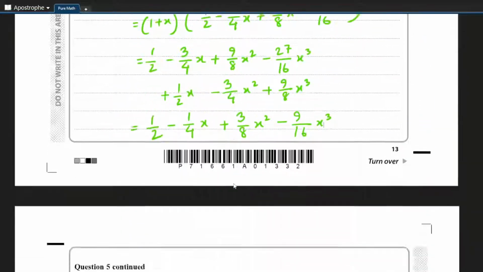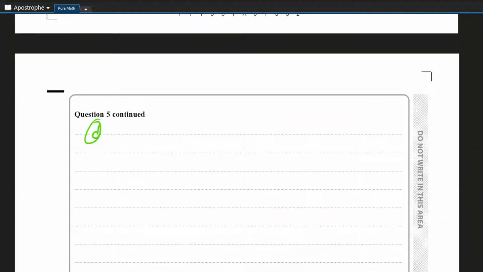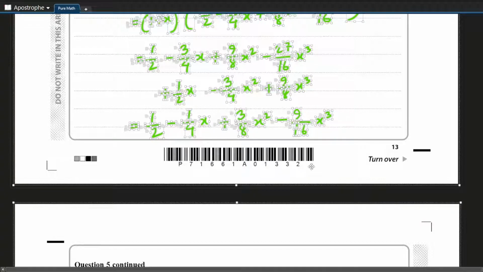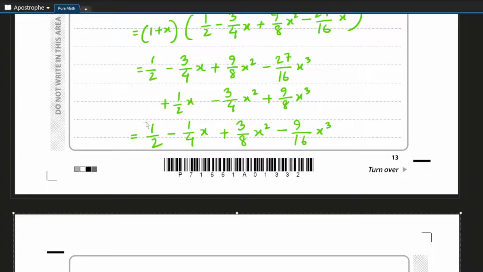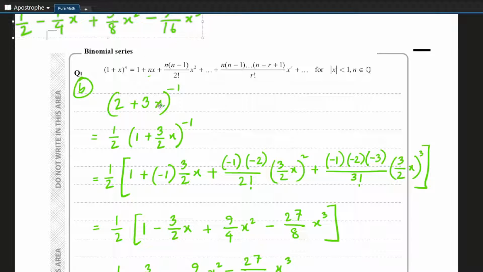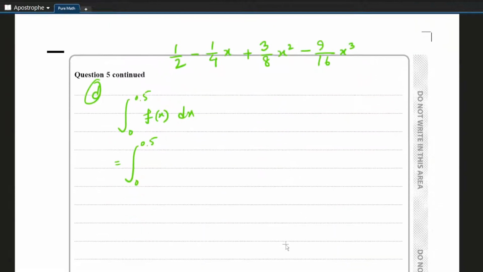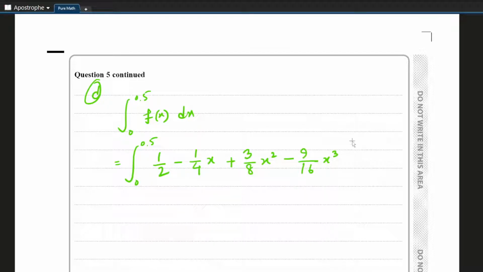Okay. And lastly, hence using algebraic integration to find the value of the integral from 0 to 0.5 of f of x dx. I'm going to copy the whole term from here, and then dx.